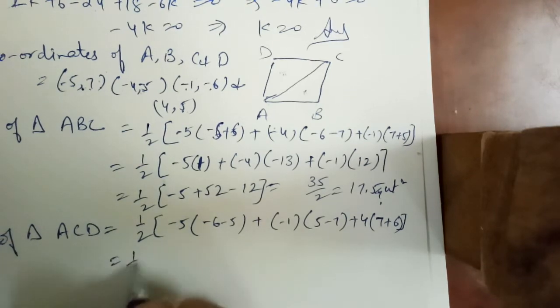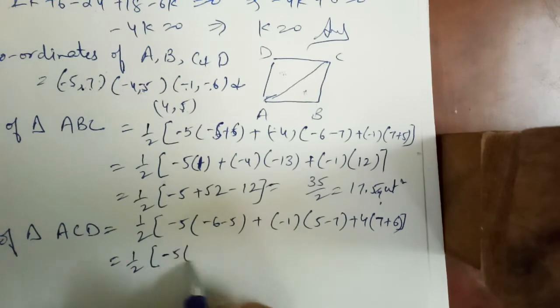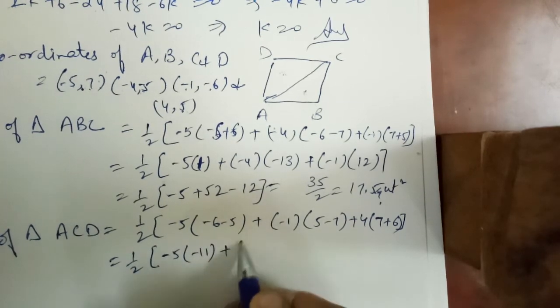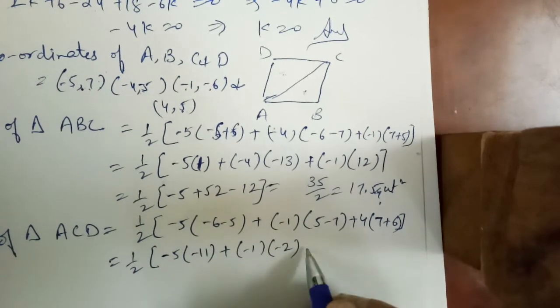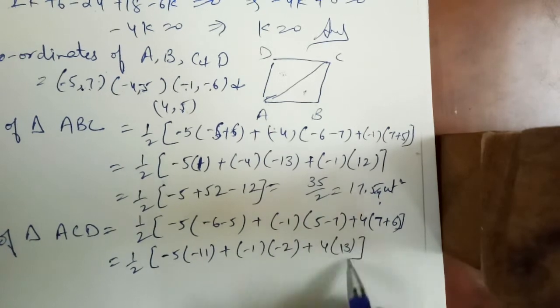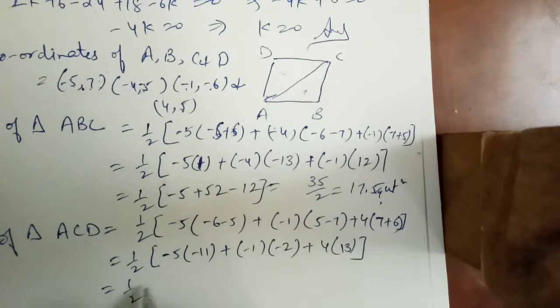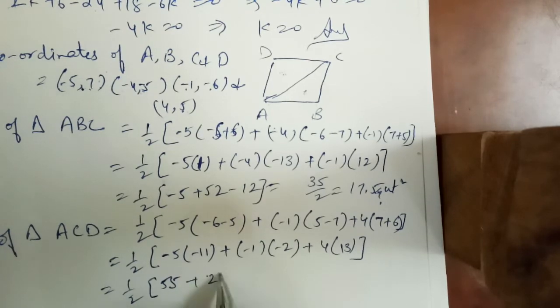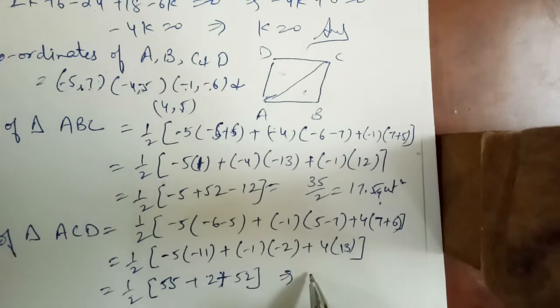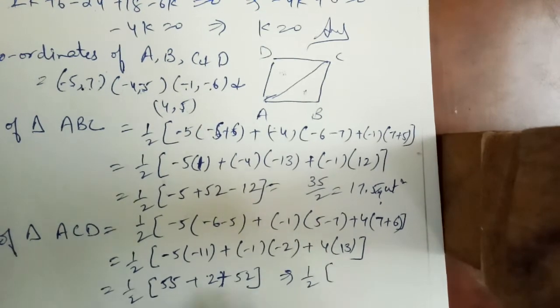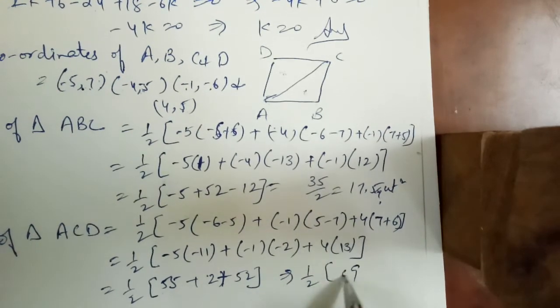Now it will be 1 by 2, minus 5 into minus 11 plus minus 1 into minus 2 plus 4 into 13. It is half of 55 plus 2 plus 52, that is half of 109.